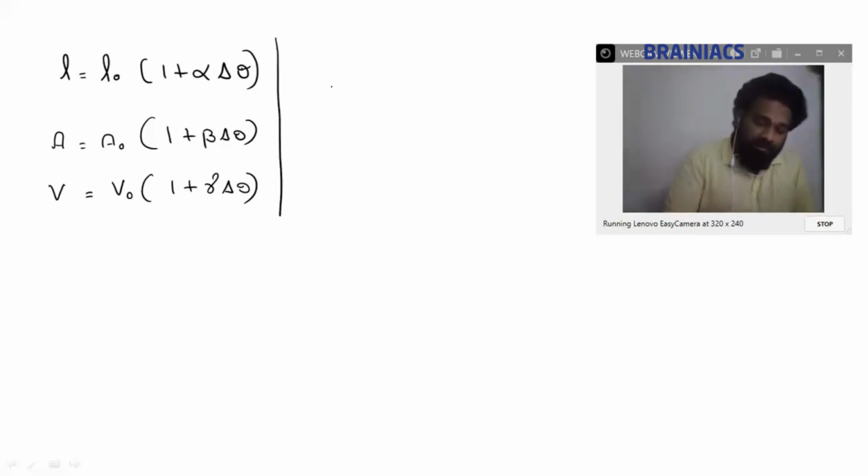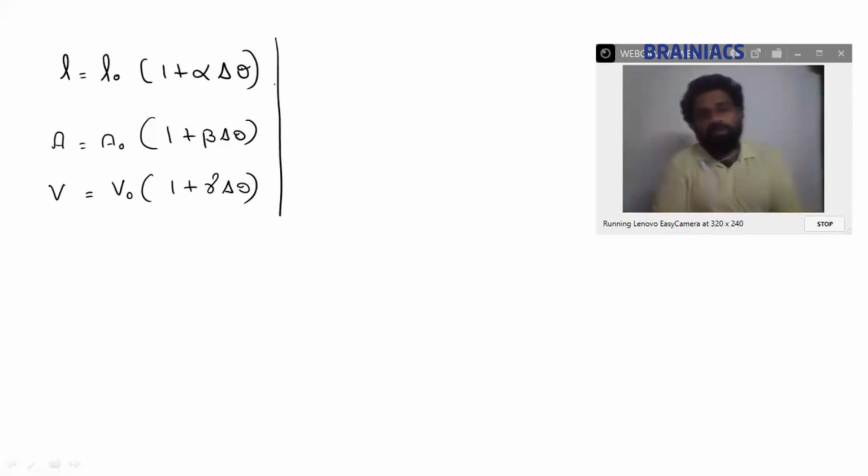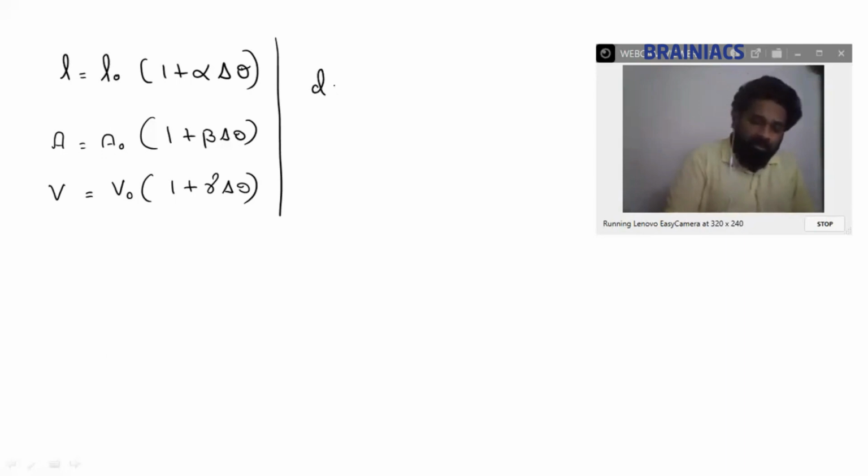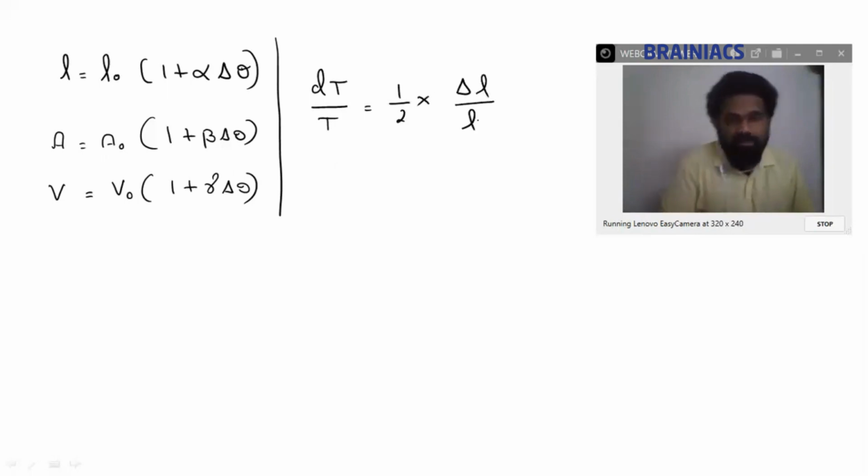Another point which we have seen is when there is a change in dimension due to temperature, then definitely for cases like a simple pendulum, there will be a loss or gain in time, or there will be a fractional change in time period. So dT by T, the fractional change in time period, is equal to half into delta L by L, that is fractional change in length.